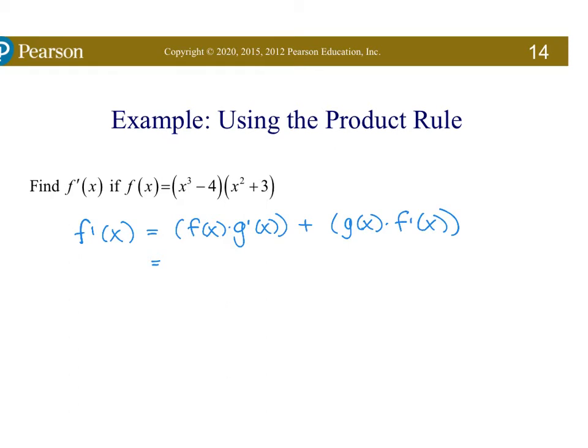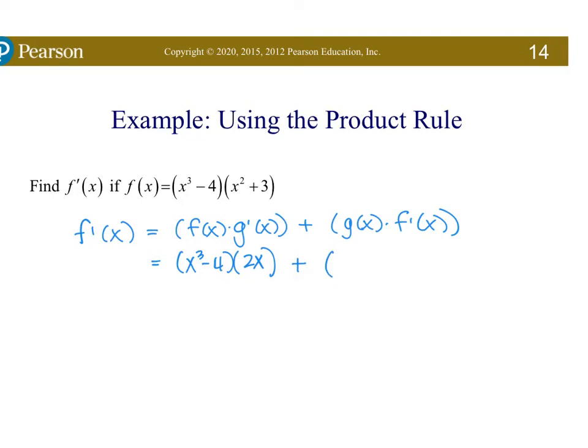So f of x is x cubed minus 4 times g prime, because it's an x squared, then the power rule tells me that's 2x plus 0. Now I don't need the plus 0, so I'm just going to say it's 2x.